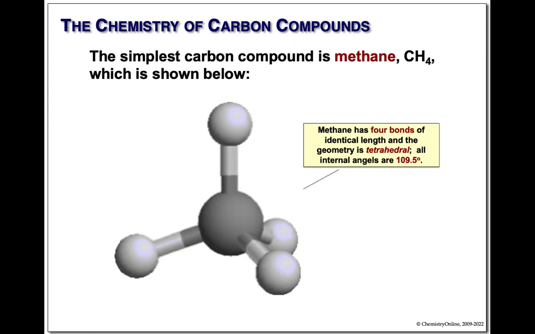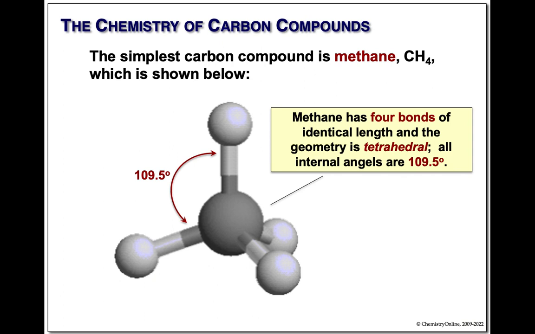The simplest carbon compound is methane. We've seen methane before. We could call this carbon tetrahydride, but we don't. Organic has its own form of nomenclature. This is the simplest one. 1 carbon is meth. We will see that in a minute. These are the 4 bonds. Now they're all identical.